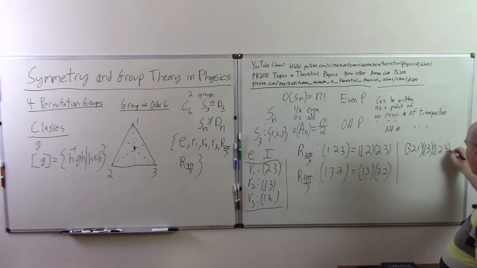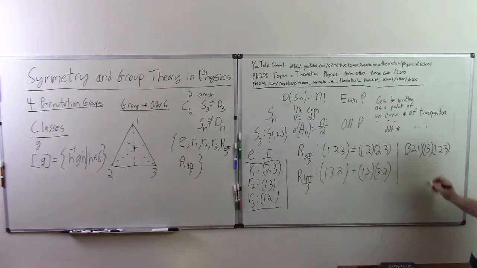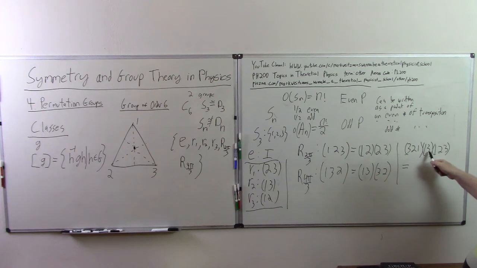Let's calculate what this permutation is. Okay, let's start. 1 goes to 2. 2, this does nothing on 2, then 2 goes to 1. So 1 goes to 1. I'll just write that down as a 1 cycle. 2 goes to 3. 3 goes to 1. And 1 goes to 3.